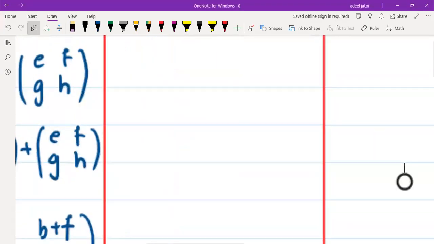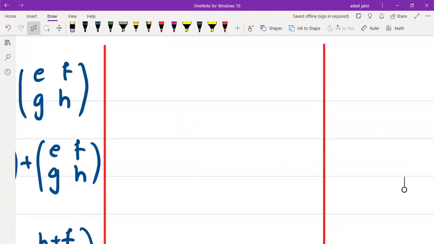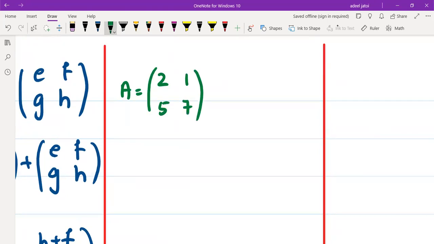Okay, moving further, let's say that your A is 2, 1, 5, 7, and your B is 3, 4, 8, 10.